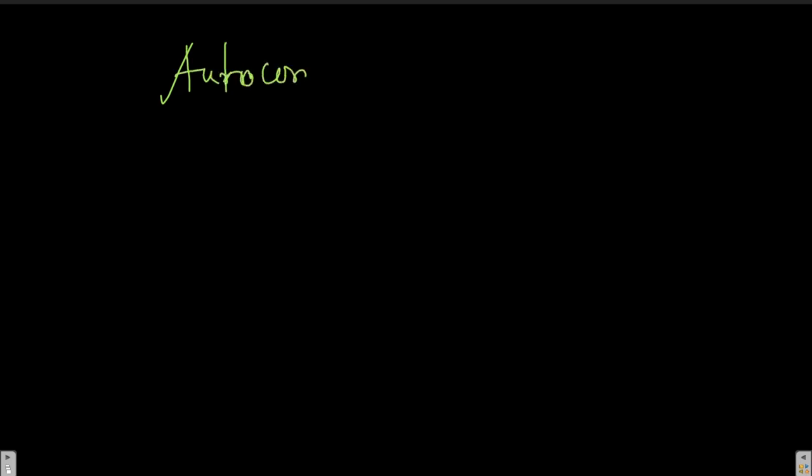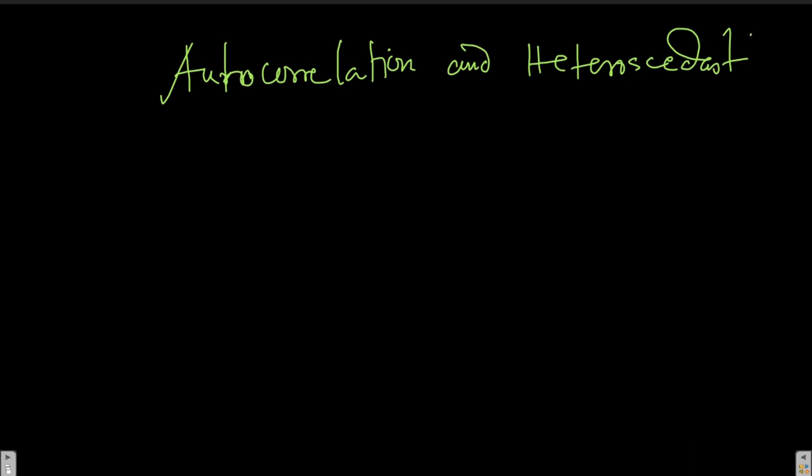Autocorrelation and heteroscedasticity are pretty close. Like in heteroscedasticity, we have seen that because of the presence of heteroscedasticity, the estimator is unbiased, which is a good thing.